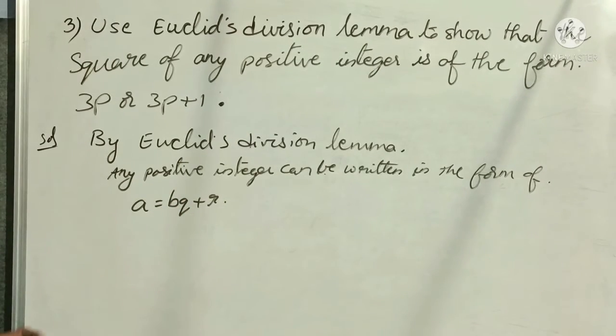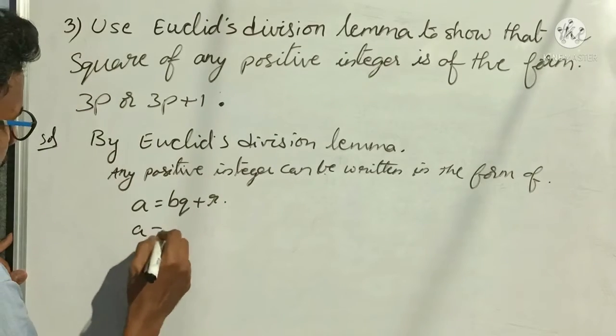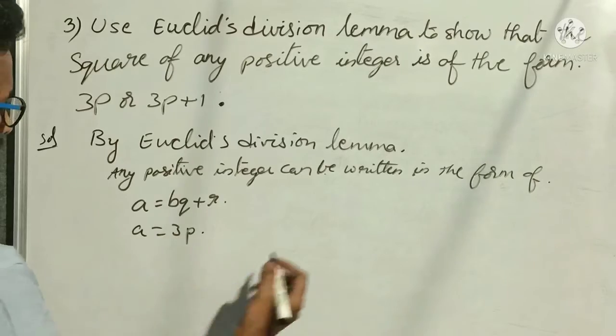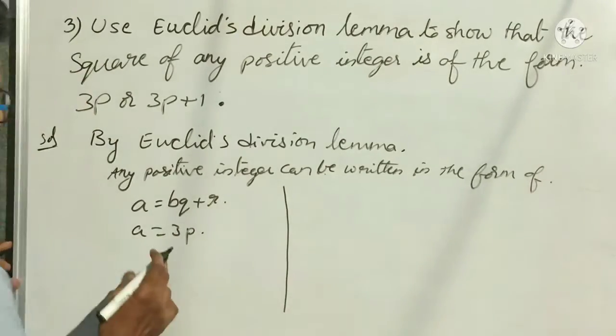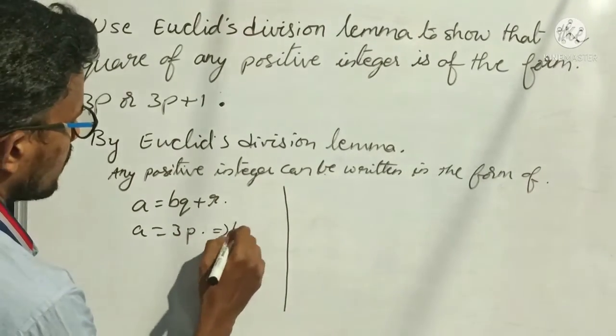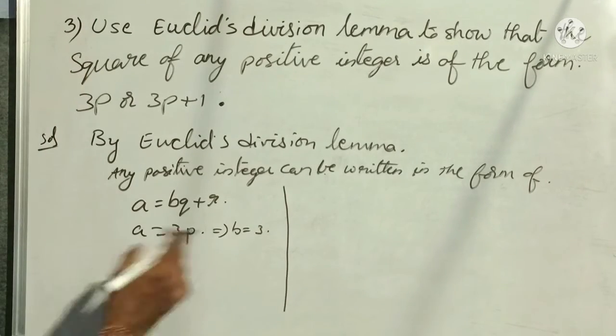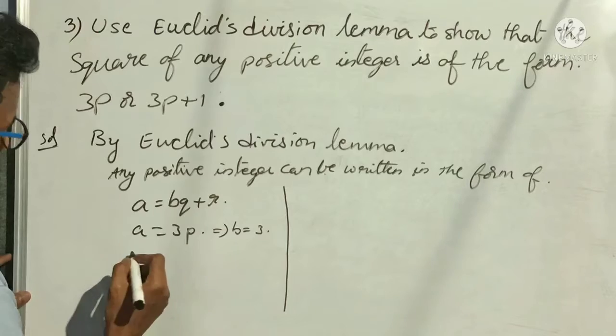But here he has given that a is equal to 3p, right? So from this we can clearly know that this implies b is equal to 3, right? So a is equal to 3p. First take squaring on both sides.